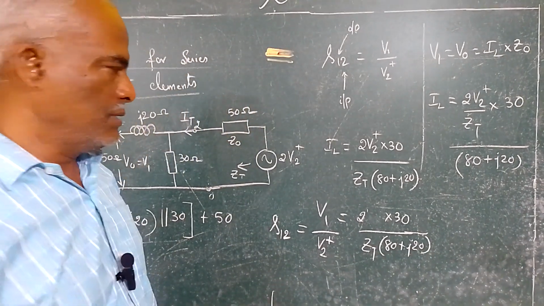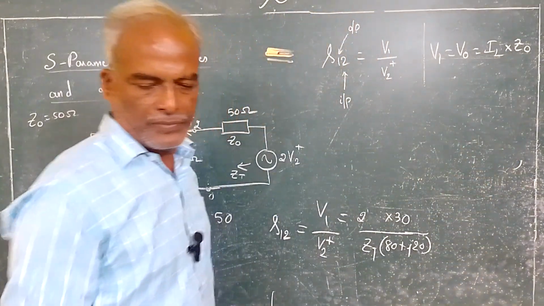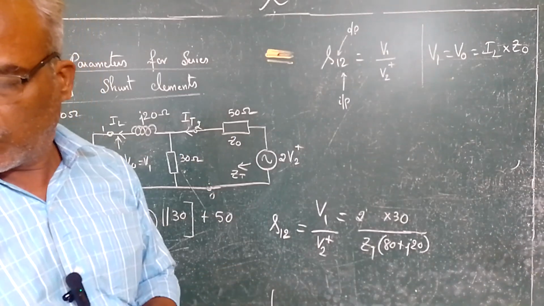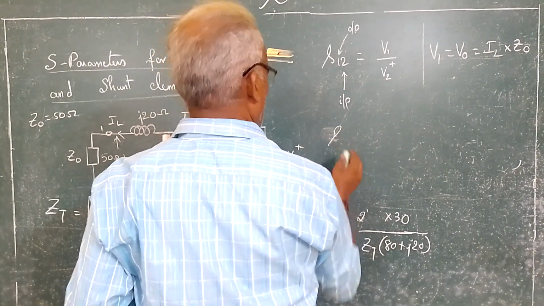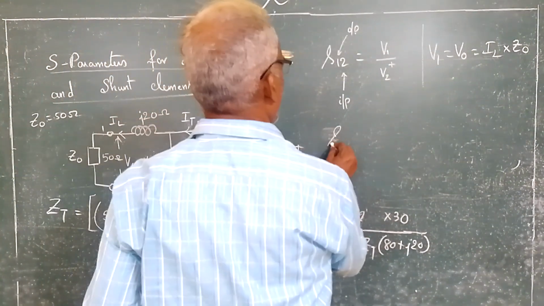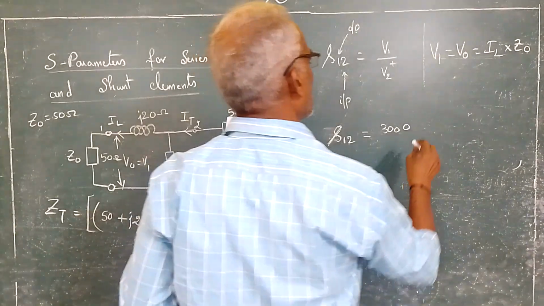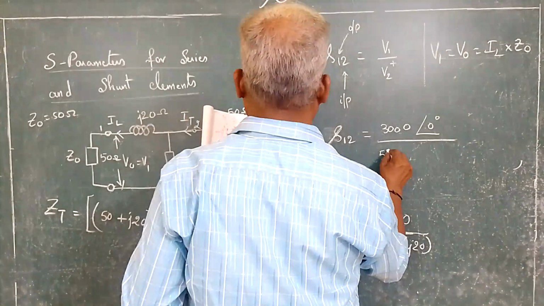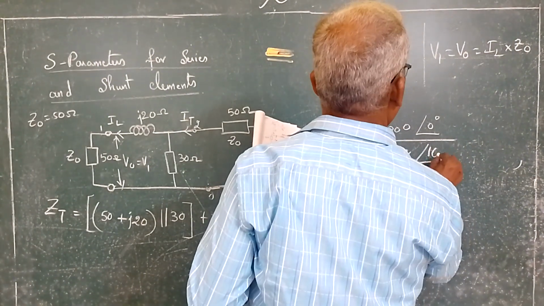After doing all the simplification, you will be getting the answer like this: S12 you will be getting as 3000 angle 0 degree divided by 5728 angle 16.22.